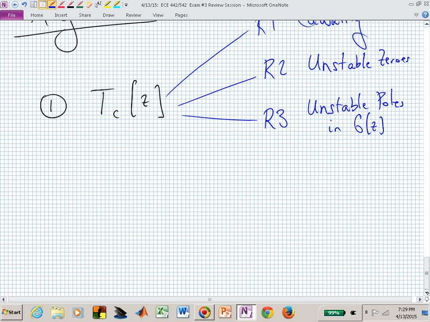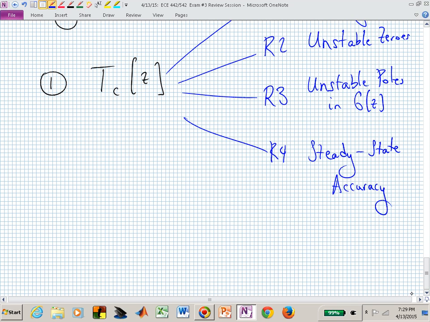Finally, you have restriction 4, which is dealing with steady state accuracy, which might be the DC gain of T sub C of Z. It might be you need a certain steady state accuracy due to more than just a constant.